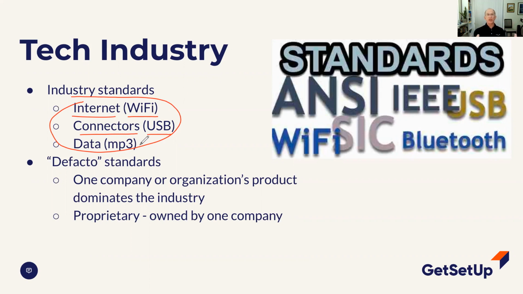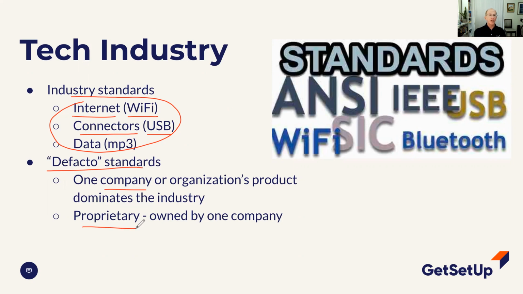So industries create standards that make it easier for you to buy technology that works across different manufacturers and different makers. Sometimes you have something called a de facto standard where one company dominates the industry, or it's proprietary, where it's owned by one company and they don't make it an industry standard.